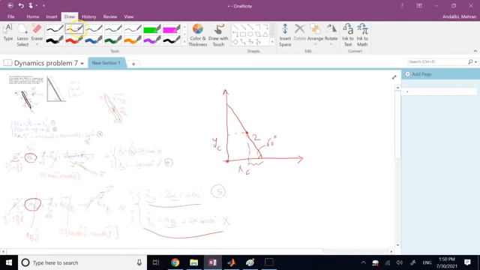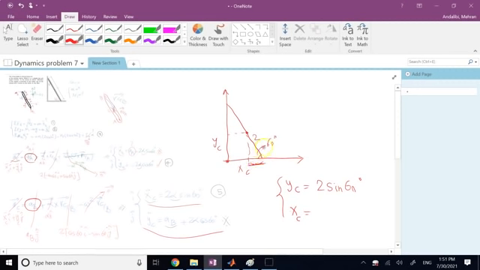Then you would tell me that, of course, y of the centroid is, that's 2. This is in front of 60, so this is going to be 2 times sine of 60. And x of the centroid is this whole length minus this portion.